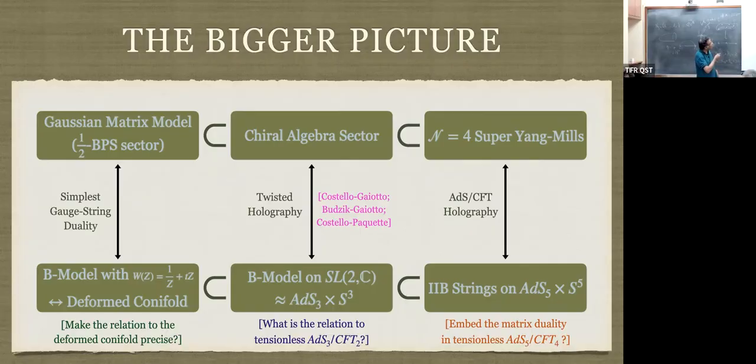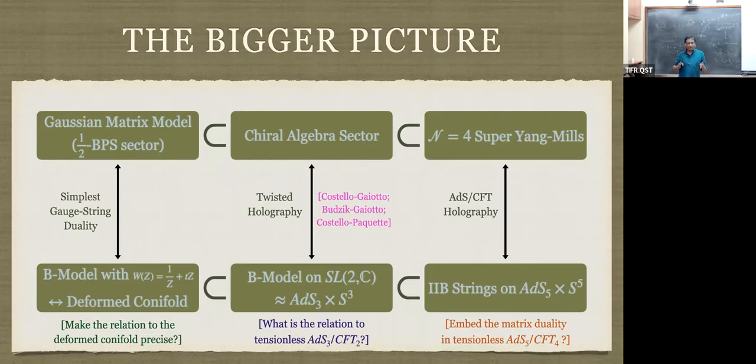In fact, this sits as a subsector, as has been understood more recently, in a slightly larger sector which gives you the chiral algebra sector, originally proposed by Rastelli and collaborators, and which these people used in the context of the so-called twisted holography.